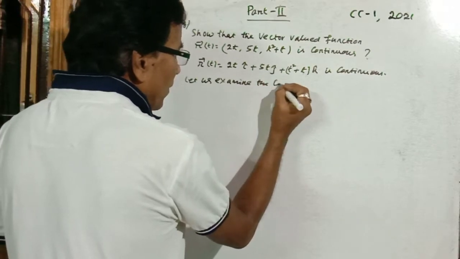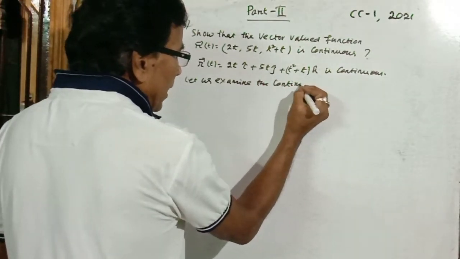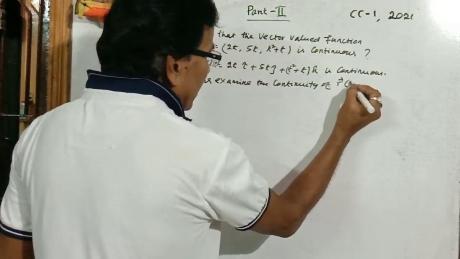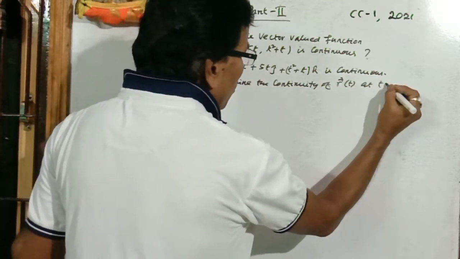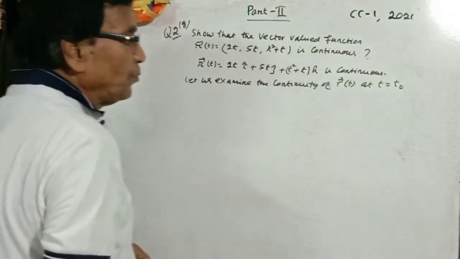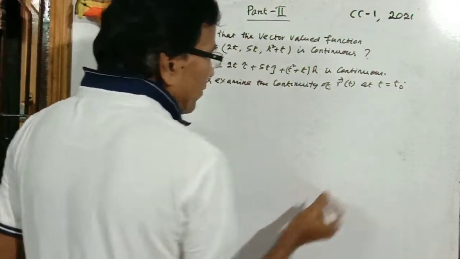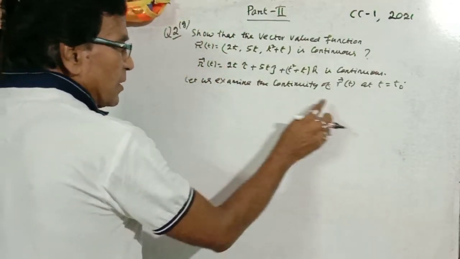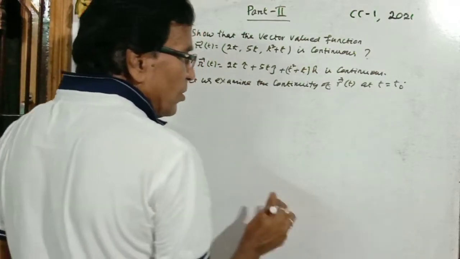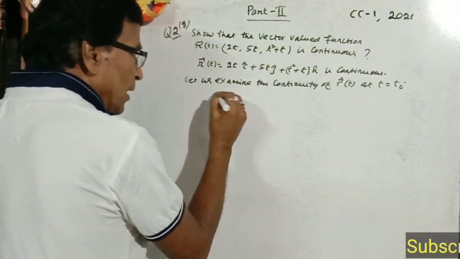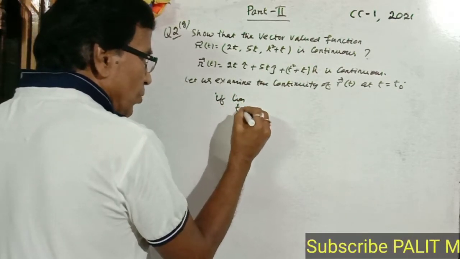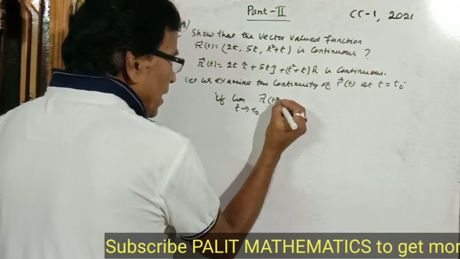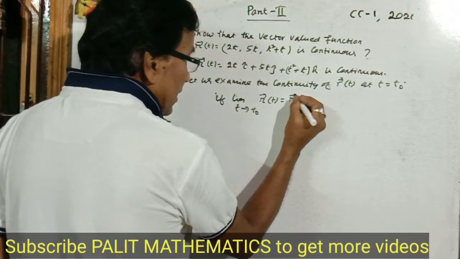By definition, this function r(t) will be continuous at t equal to t0 if limit t tends to t0 of r(t) is equal to r(t0).